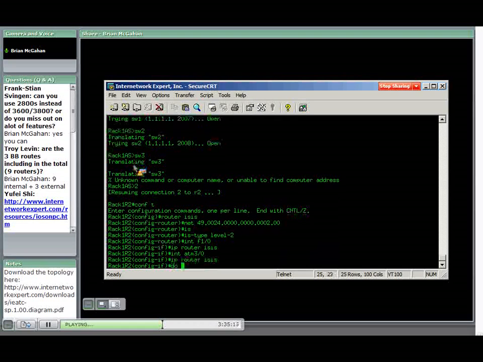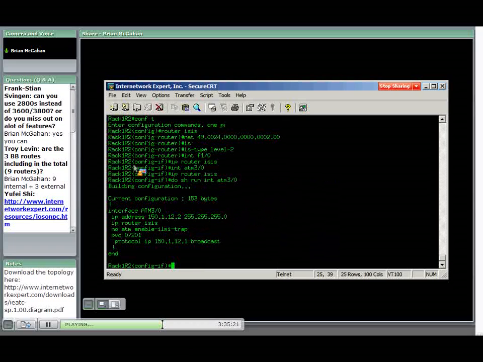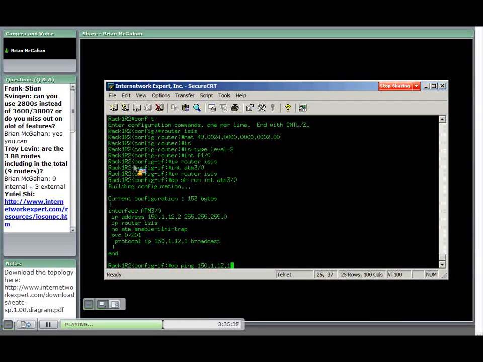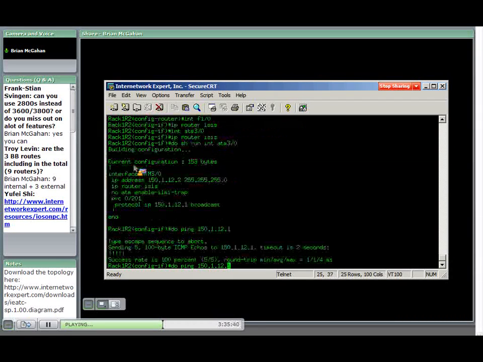Okay, so if we go to the interface here, we'll say ip router isis. This is going to be on the Ethernet and on the ATM link. If we look at our ATM configuration here, we can see we have just basic static PVC configuration on a multipoint interface, so we are doing manual layer 3 to layer 2 resolution.